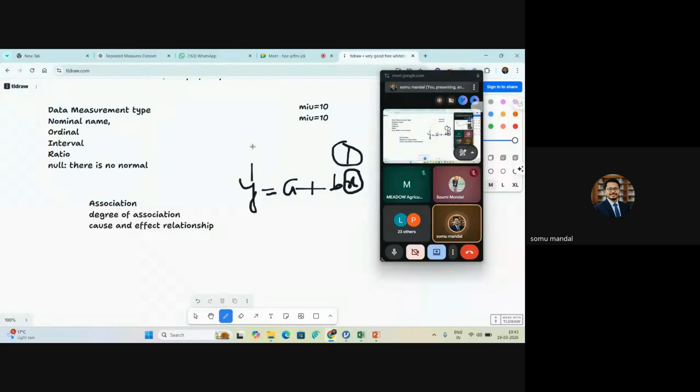Y is the one dependent variable. This is a straight line equation. B indicates the slope, the coefficient, the nature of the contribution. A is the intercept value.